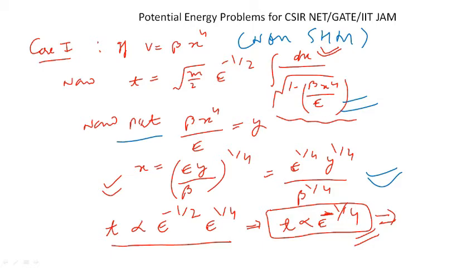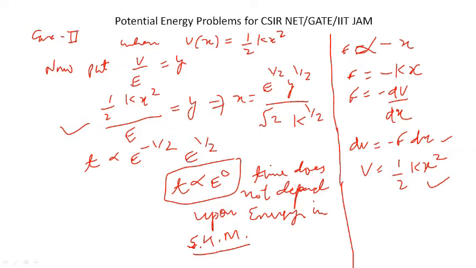So when we put the value of x, then your whole expression comes out to be that T is proportional to E to the power minus 1/4. So here you see that your time period depends upon the energy and it is proportional to E to the power minus 1/4. So it is a very important relation and you have to remember it.